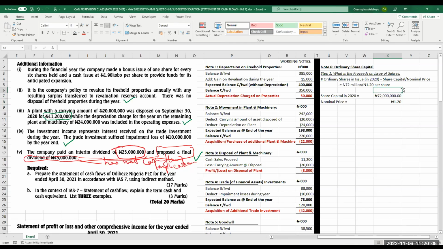Okay. Therefore, what do we have here? This divided by this. That's 60 million shares.